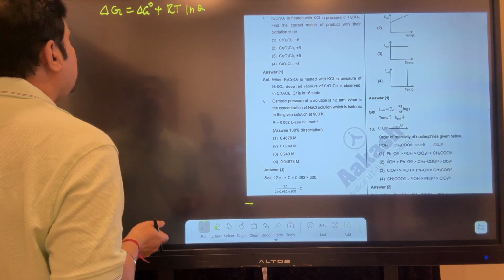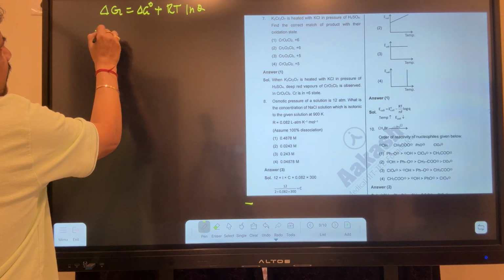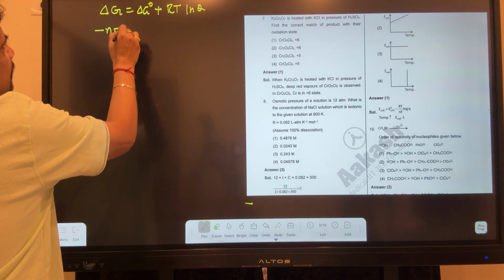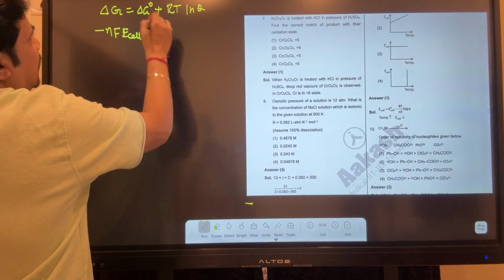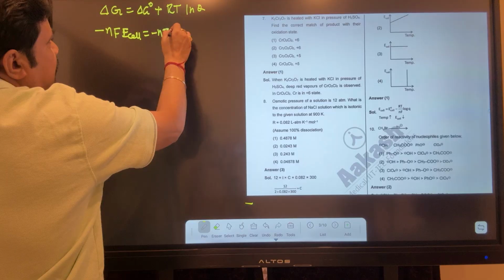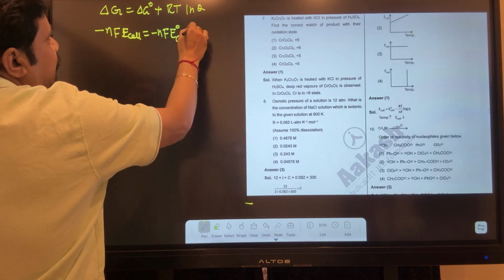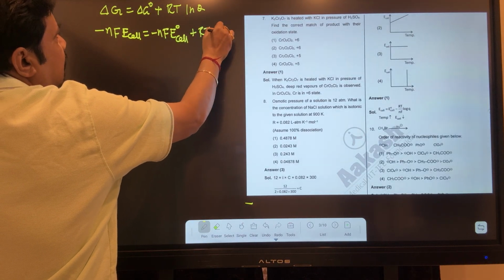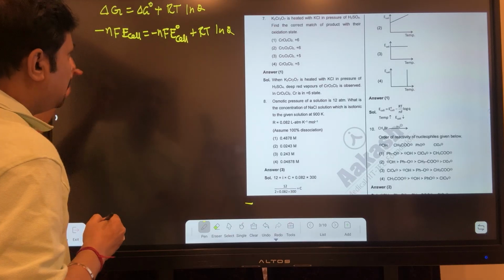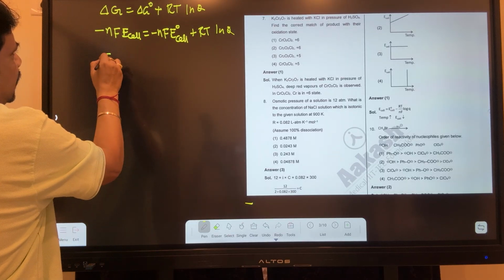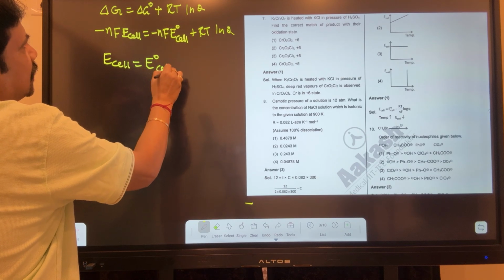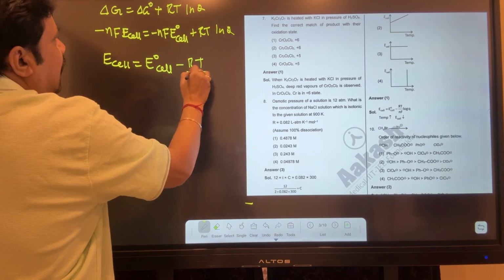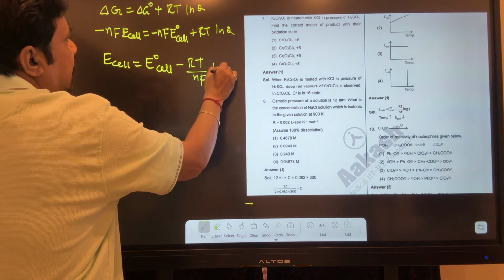Now delta G equals minus nFE, so minus nF E cell equals minus nF E naught cell, which is delta G at standard state, plus RT ln Q. If you divide by minus nF all the way, E cell equals E naught cell minus RT by nF ln Q.